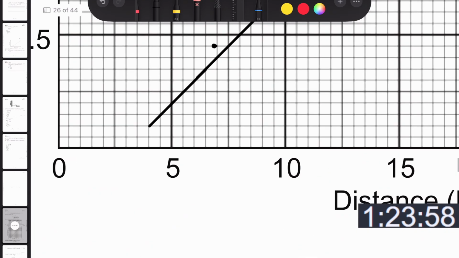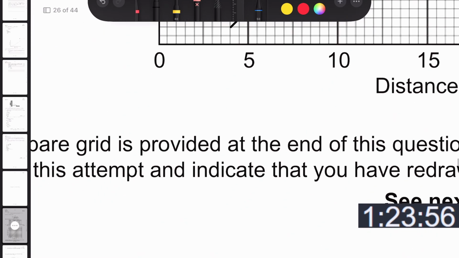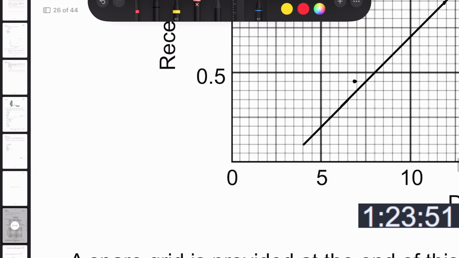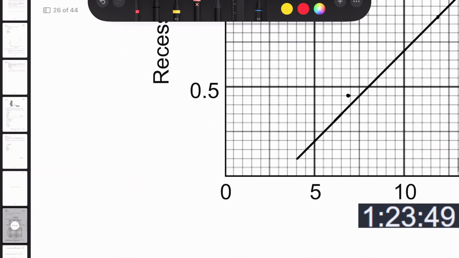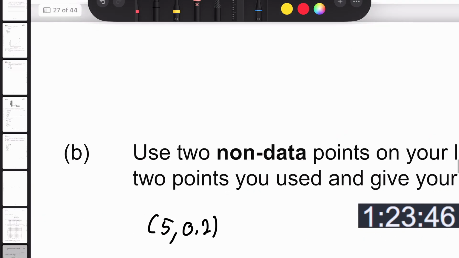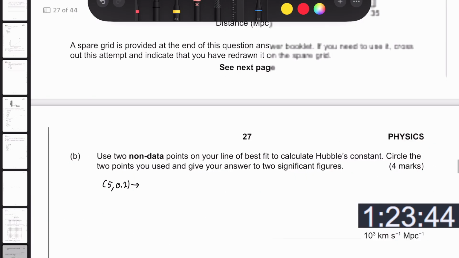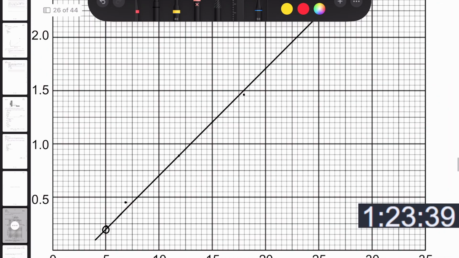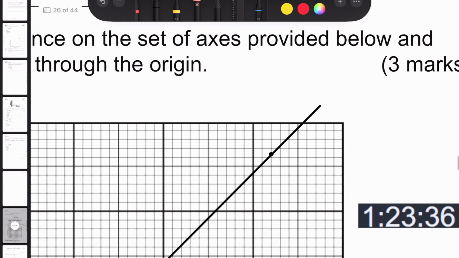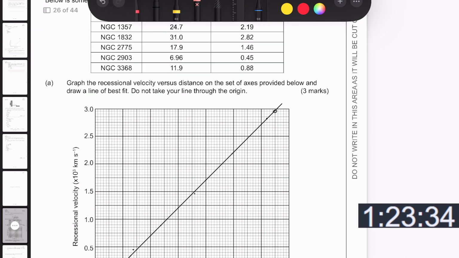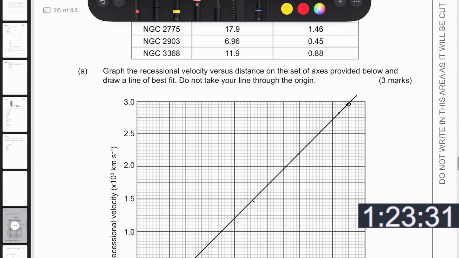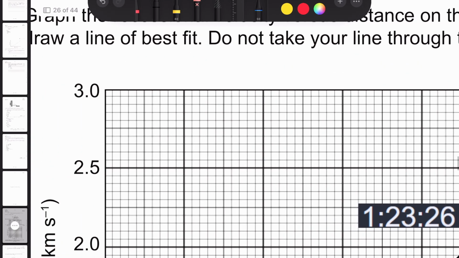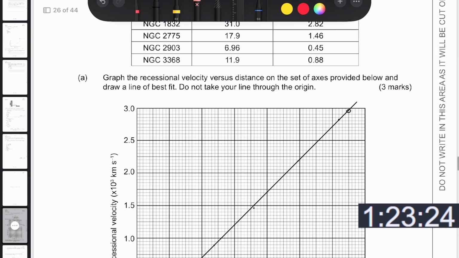Alright. Use two non-data points to calculate, circle the 2 points and give your answer to two significant figures. Calculate Hubble's constant. So we'll say 5 and 0.2, so I use that point, and then we'll go all the way up. Let's say this point, which is about 32.5 and 2.95.